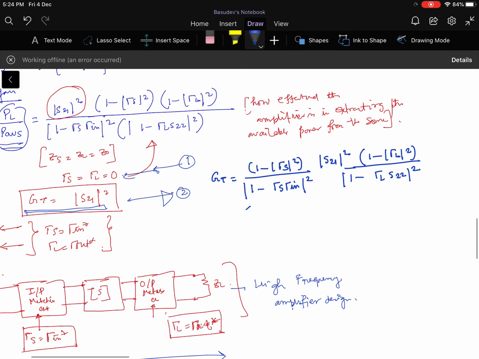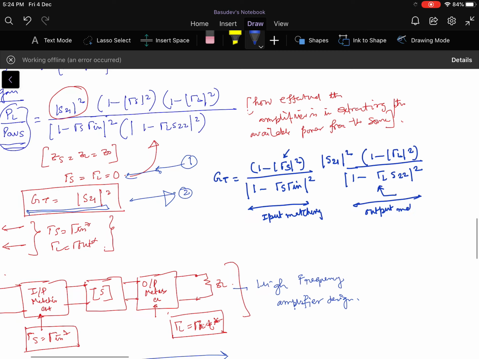The first term is due to the input matching, because the term tau s is involved here. The last term is coming because of the tau l present, so it takes care of the output matching. So this is the input, this is the output, and finally this is the single element transistor gain.